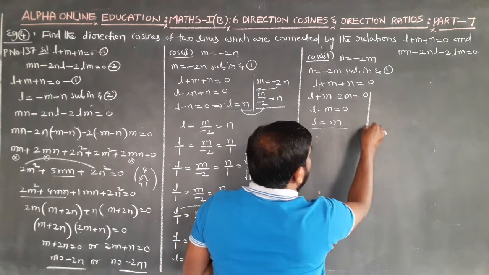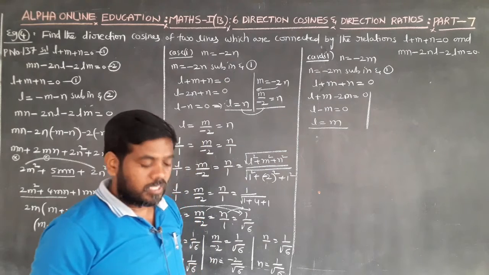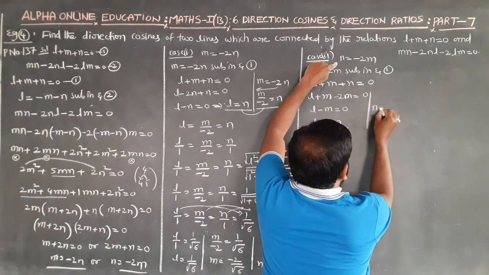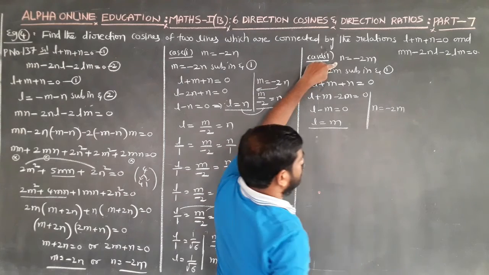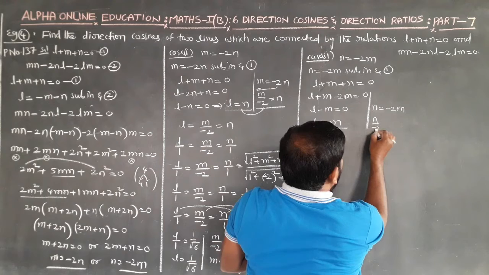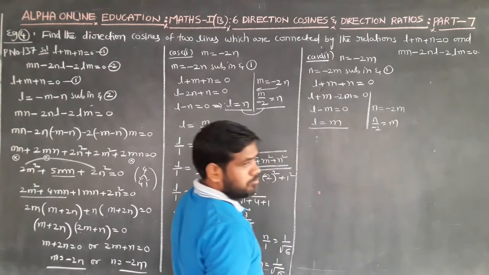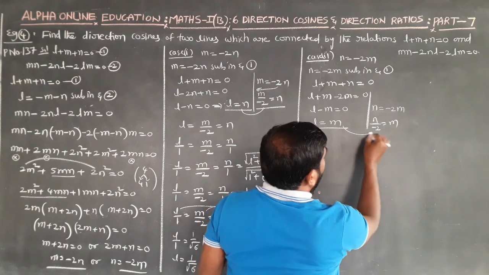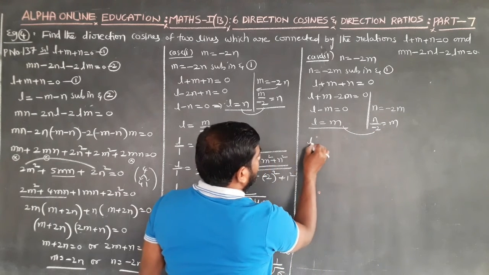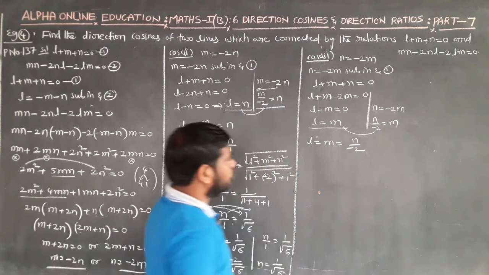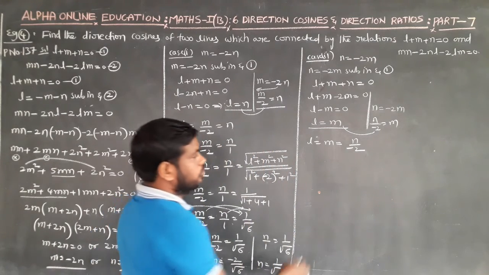So L is equal to m. Equating n is equal to minus 2m, here find the value of m: n by minus 2 is equal to m. Equating, L is equal to m is equal to n by minus 2.